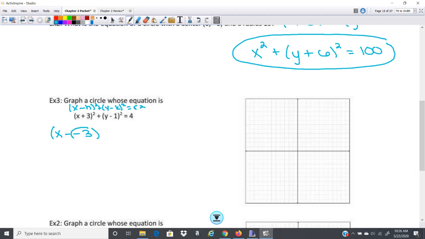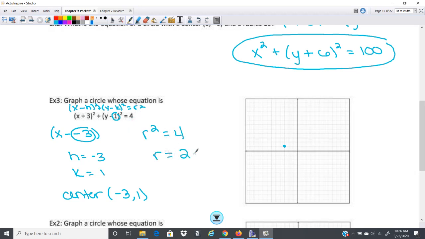So your h is going to be -3. Y minus k, there you can just pull that 1 out. So the center of your circle is (-3, 1). Plot that, so -1, 2, 3, 1. That's about right here. And then the radius squared is 4, so r squared equals 4, which means your radius is the square root of 4, 2.